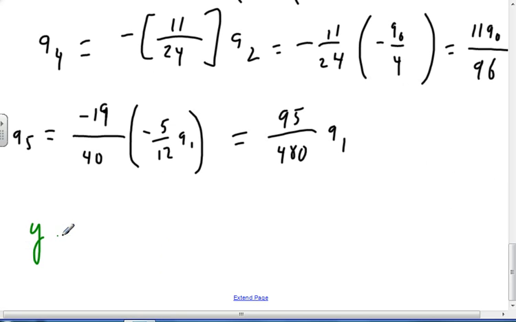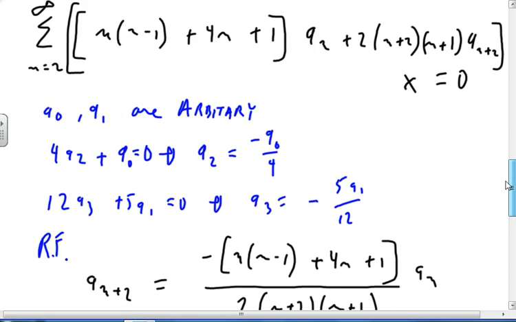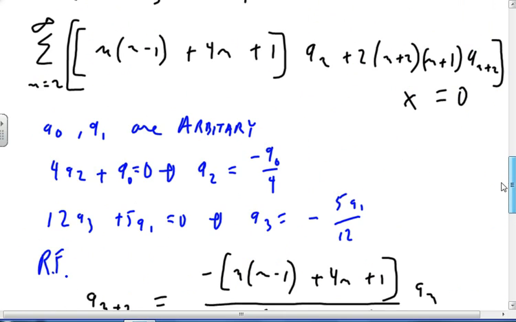So I'm going to say y is equal to A0 plus A1x plus A2, what the heck's A2?